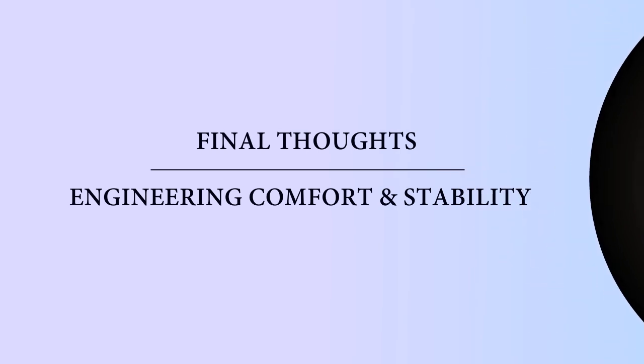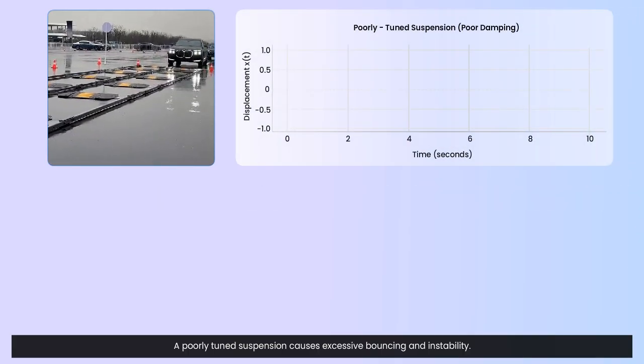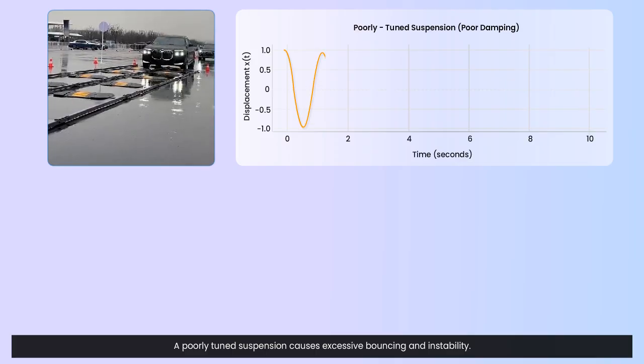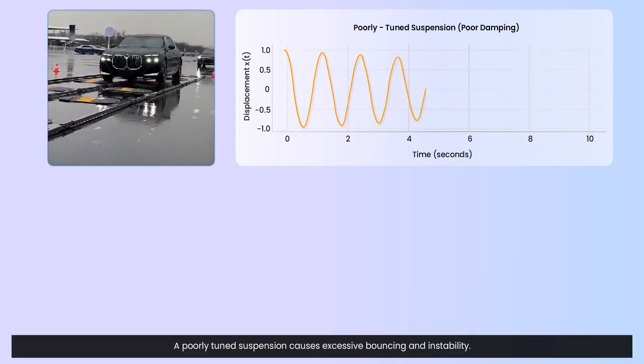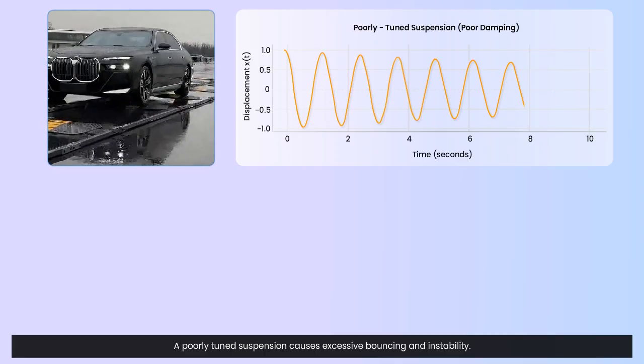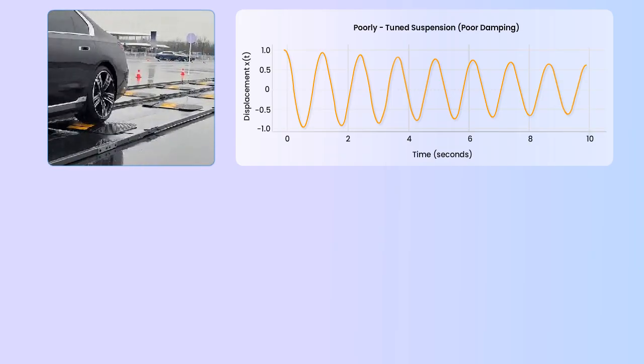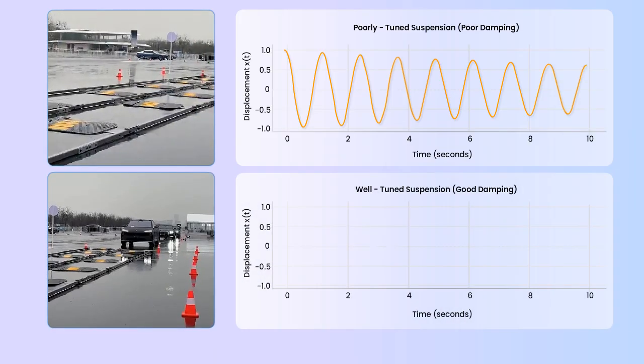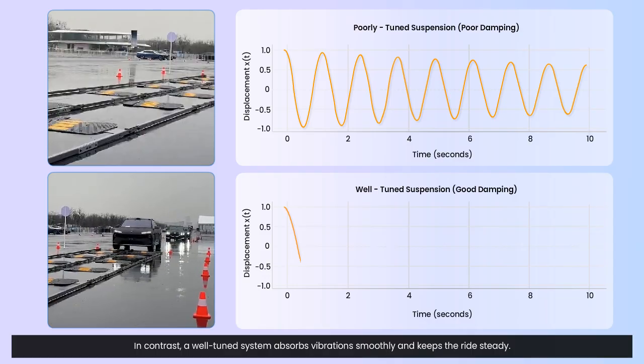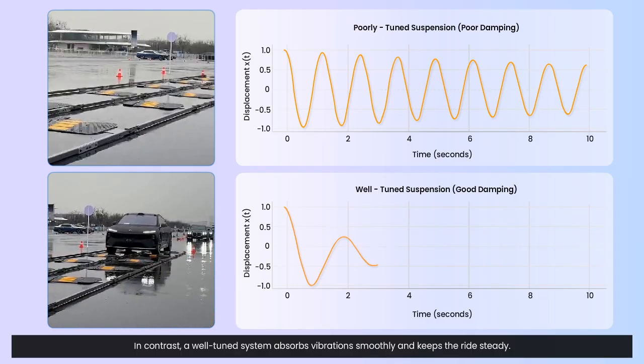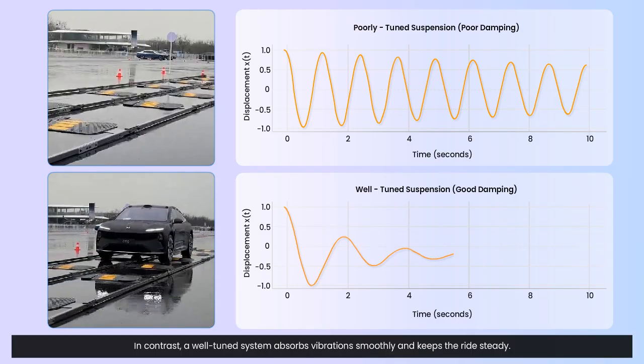Final thoughts: engineering comfort and stability. A poorly tuned suspension causes excessive bouncing and instability. In contrast, a well-tuned system absorbs vibrations smoothly and keeps the ride steady.